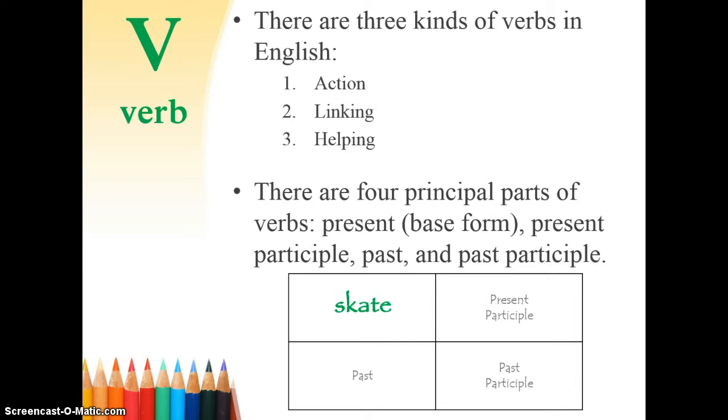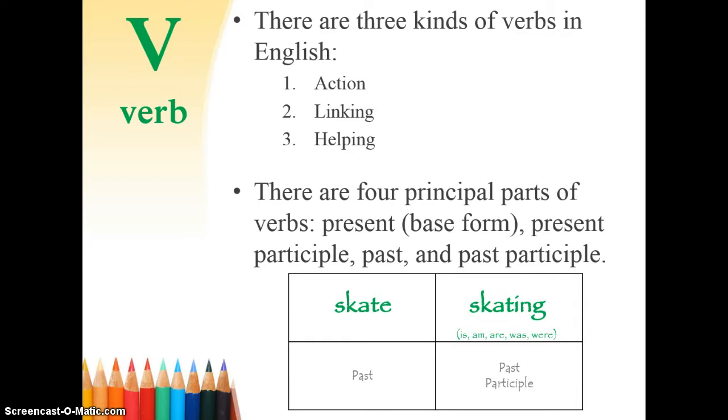However, when we move the verb over to the present participle form, we're going to change it by adding an ing to the end. In this case, we see skating. When the present participle part of a verb is being used as the main verb of the sentence, it will also be accompanied by one of 5 helping verbs. Those verbs are is, am, are, was, and were.